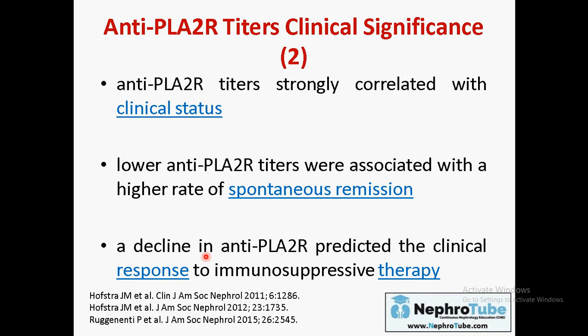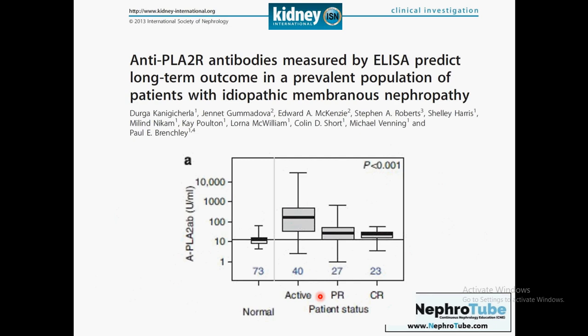Also, a decline in the level of anti-phospholipase A2 receptor antibody predicts the clinical response to immunosuppressive therapy, and it was documented in many trials that anti-phospholipase A2 receptor antibodies predict long-term outcome in patients with primary membranous nephropathy.